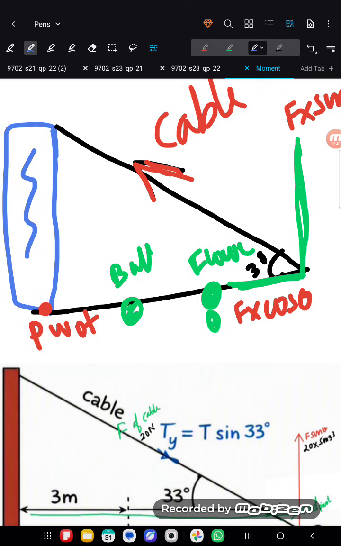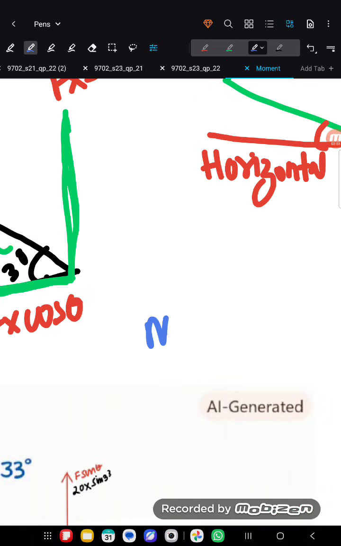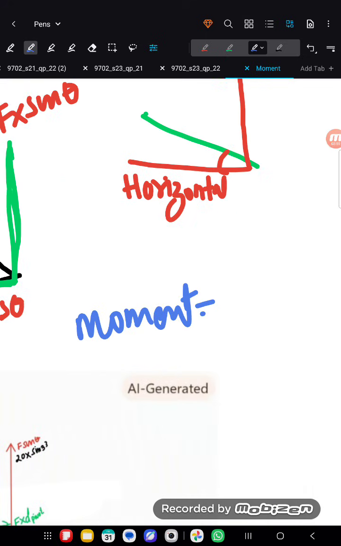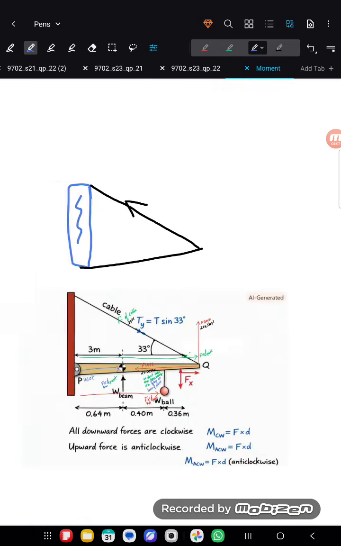The reason to know where the pivot point is, is that the formula for moment is force into distance, but the distance is from where? From the pivot. It should start from the pivot.